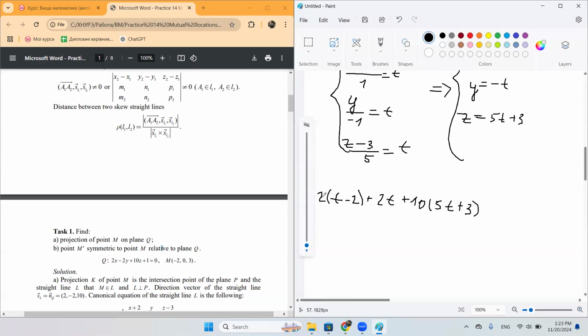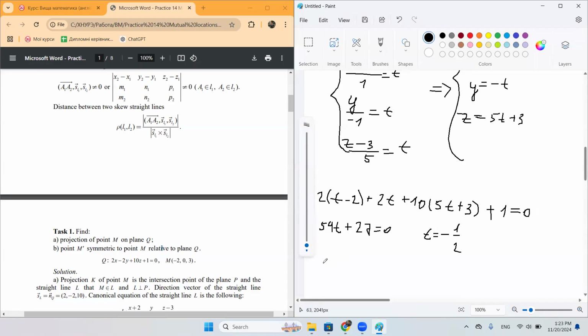So 2 plus 2 plus 50, so 54t minus 4, and plus 1, I forgot it. And it's important not to lose all coefficients. So minus 4 plus 30, so 26 plus 1, so 27. Yeah, so good numbers. So t equals minus 1 second.